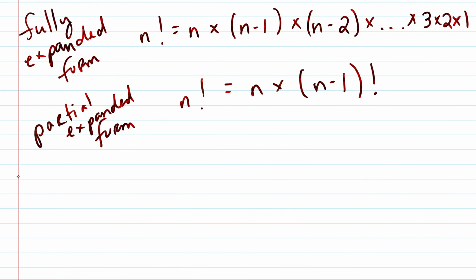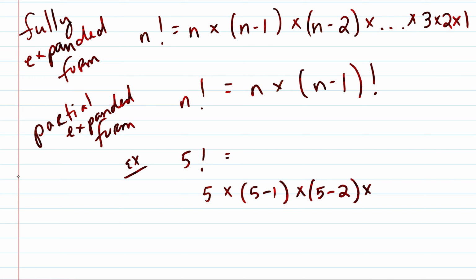Okay, if we looked at an example, let's say 5 factorial, then based on what we wrote above, it would look like this: 5 times 5 minus 1 times 5 minus 2, and we just keep going until we get down to 2 times 1.